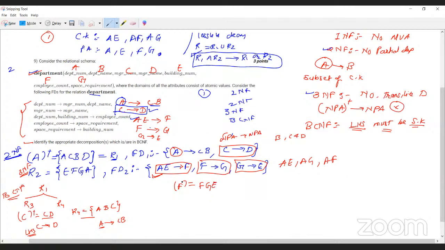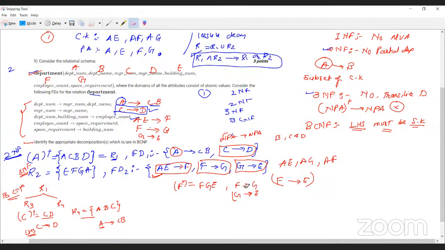FGE, right? But if you see here, what are the applicable functional dependencies? F determines G and G determines E here, right? So this will not satisfy my BCNF condition. So I can say F determines E also here.